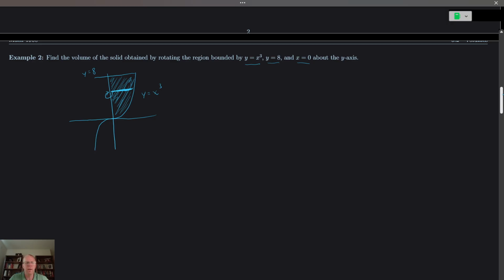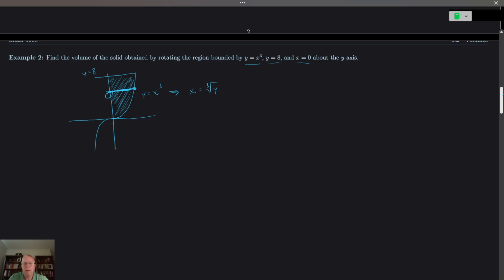And so this is going to make us change the problem a little bit, because how do we find the distance from here to here? Well, we can't use x cubed because this is measuring y, not x. We need this to be a function of y, so let's rewrite this as x equals the cube root of y.